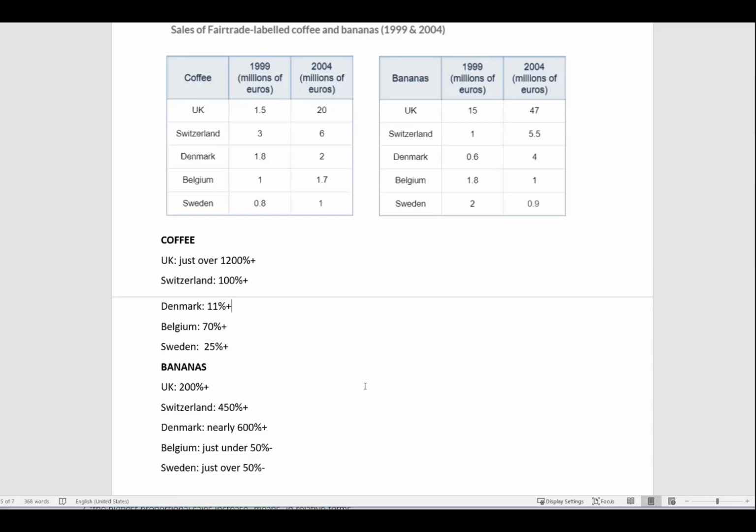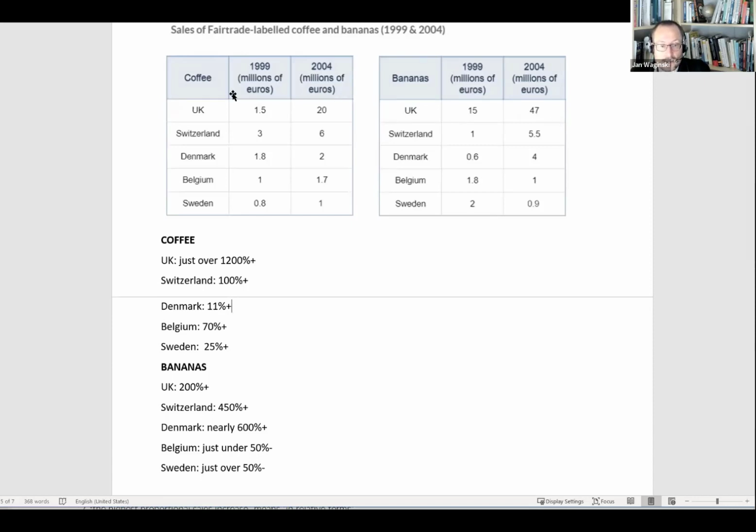Okay, so it's the UK. Okay, 47, UK. So by far in absolute terms the UK sold the most Fairtrade bananas. But then we can make a contrast.